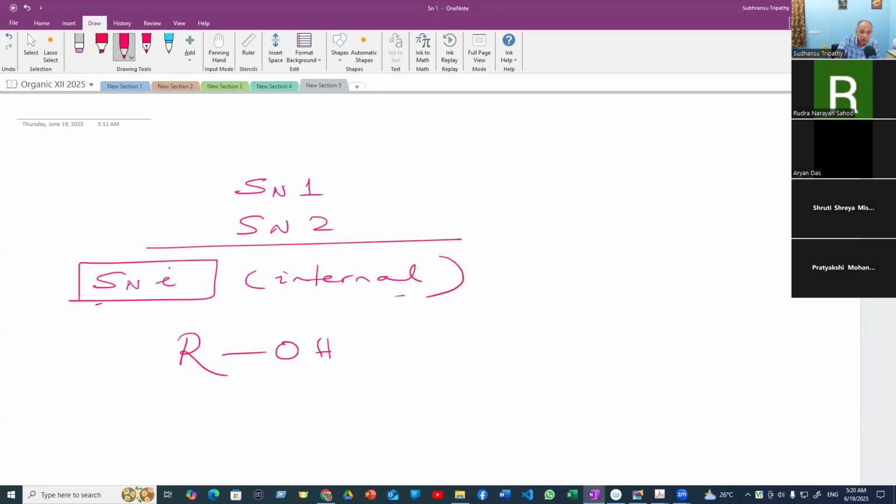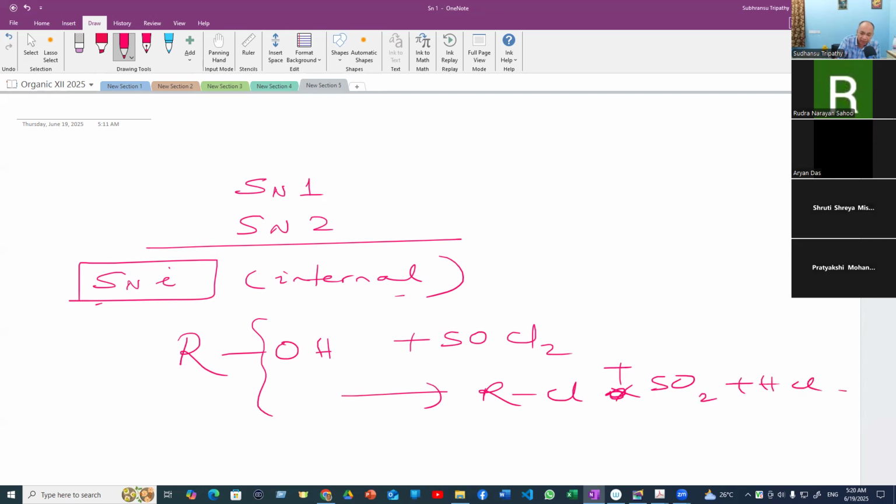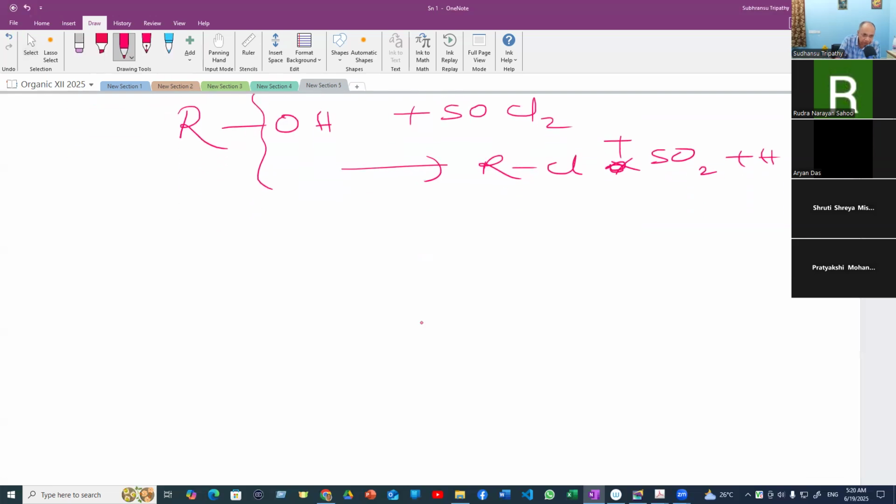But if you take SOCl2, thionyl chloride, you get RCl, it is only for chloride, plus SO2 plus HCl. But if there is a chiral center, supposing here is CH3, this is CH2, CH3, this is H, and this is OH.